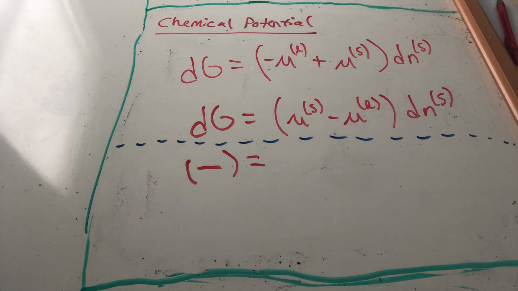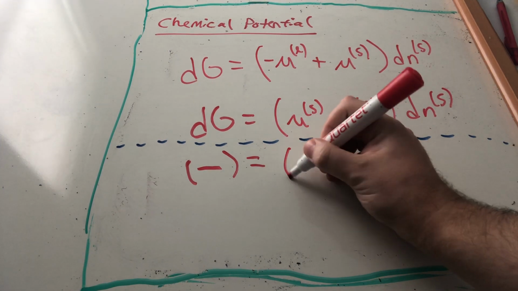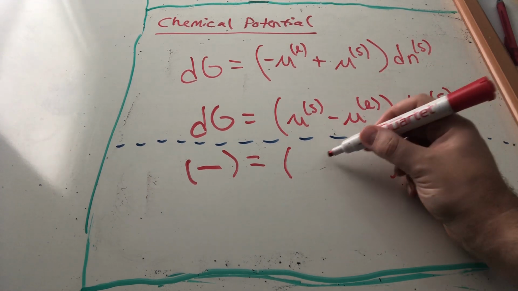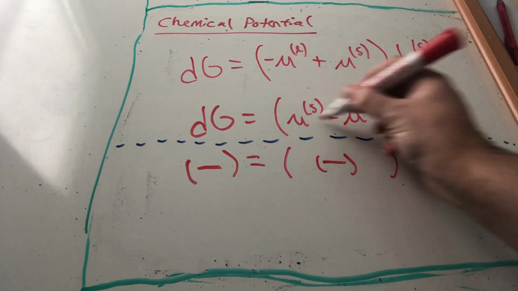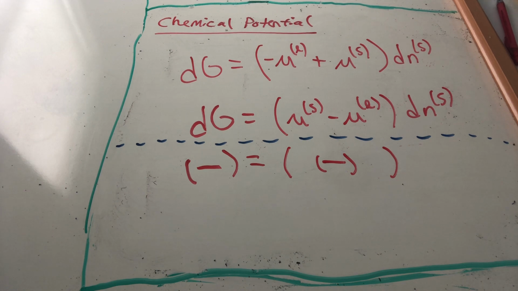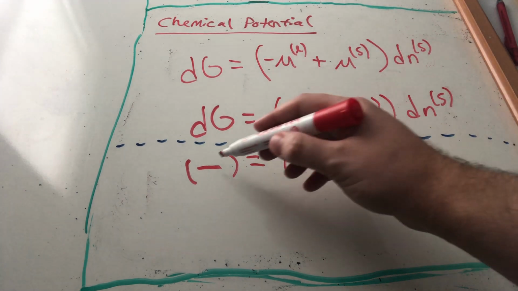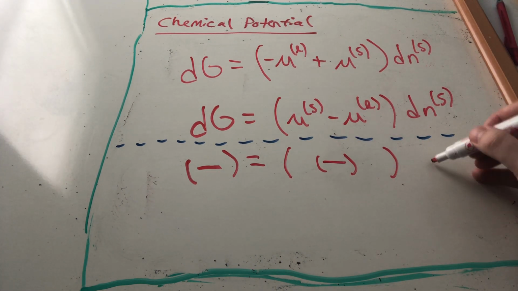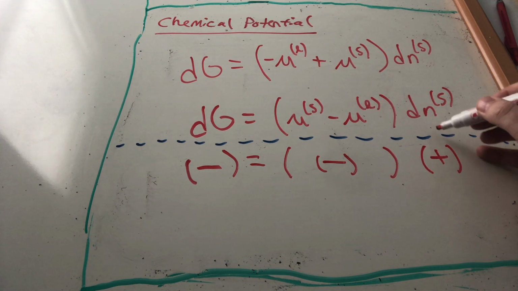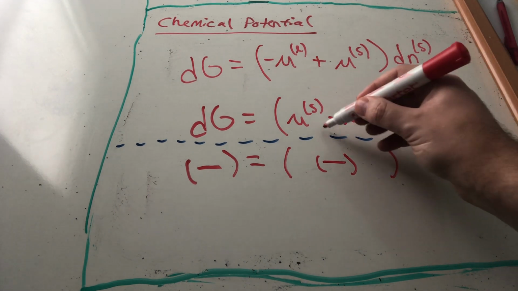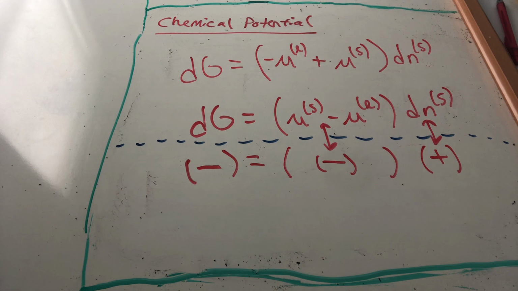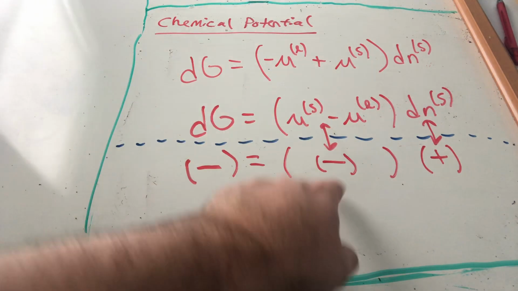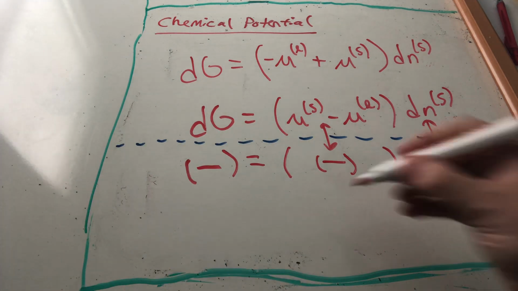Let's say that for this first instance, this subtraction gives me a negative number. If the overall process is negative and spontaneous, then dN solid has to be positive. So we just assumed that inside here we get a negative value. If this subtraction gives us a negative value, what does that mean?